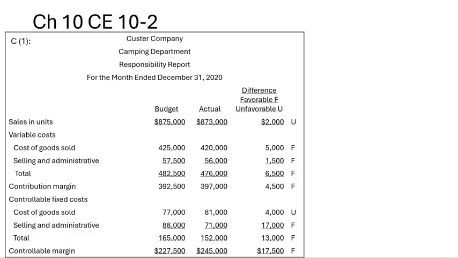So our report looks like this. Our budget was $875,000. Controllable margin budgeted was $227,500. So again, we increased our sales by 25%.